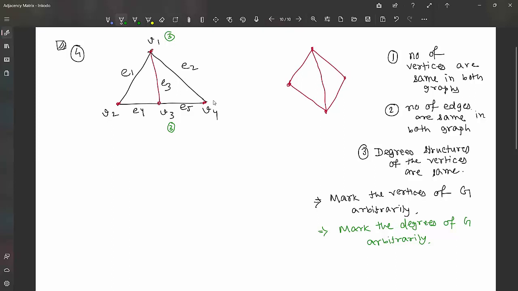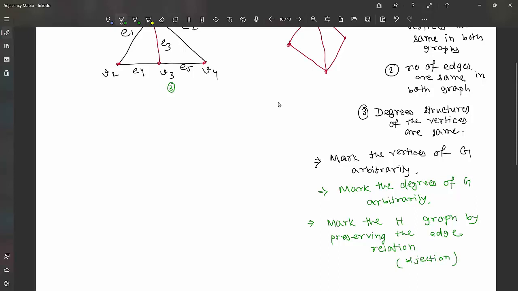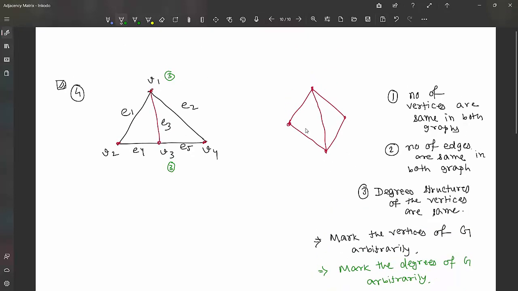Now you have to mark the edge graph by preserving the edge relation, or the bijection. That's why this isomorphism is also called an edge preserving bijection, because we preserve the edges here.